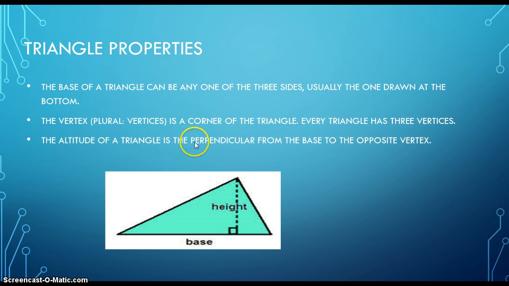Now the altitude of a triangle is perpendicular from the base to the vertex, and again we've been talking about this term perpendicular. Now in this picture they call it height. Height and altitude again are interchangeable in geometry. Now this dropped line is the perpendicular line, and we can see that because of the 90-degree angle. And it's dropped from a vertex to the base, which is a very important feature, or the base dropped up to the vertex. Either way you look at it, that is how you determine the altitude.